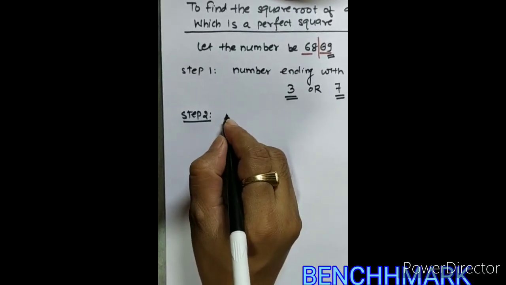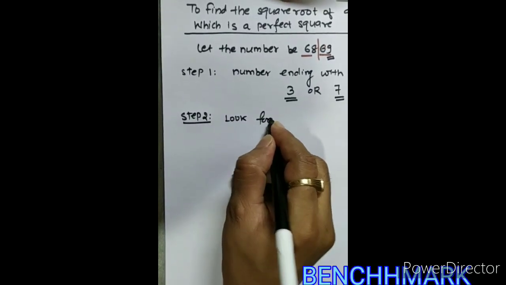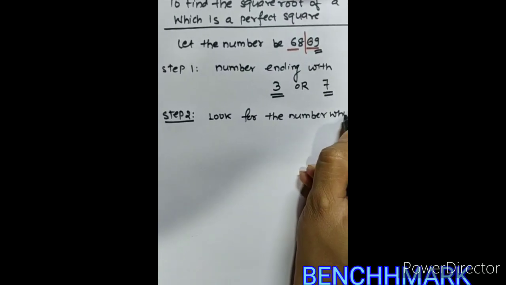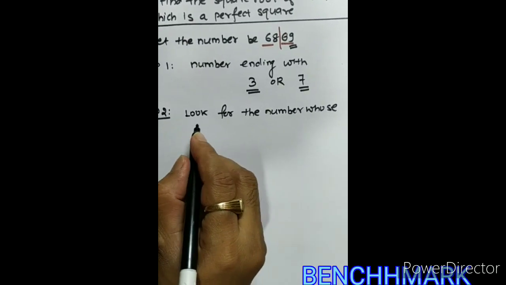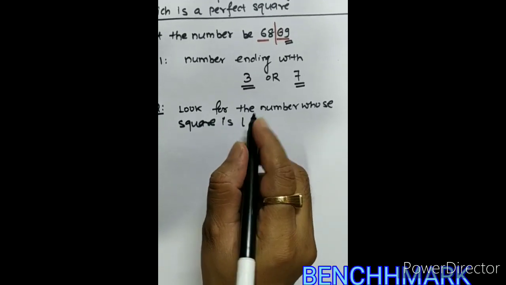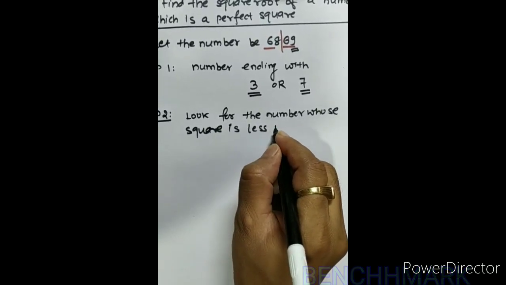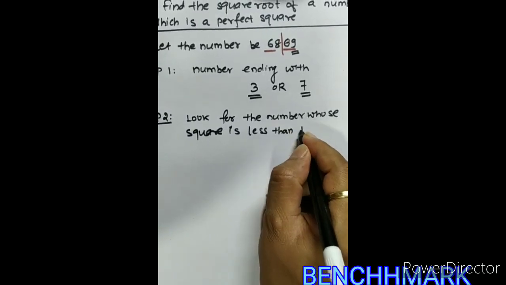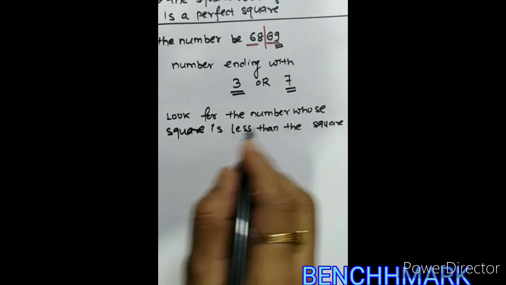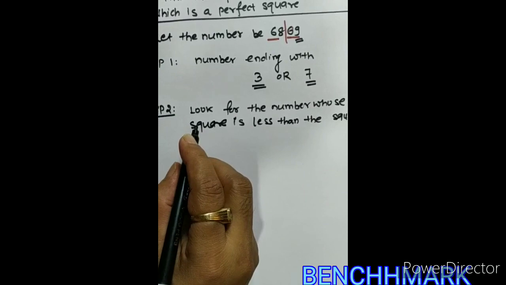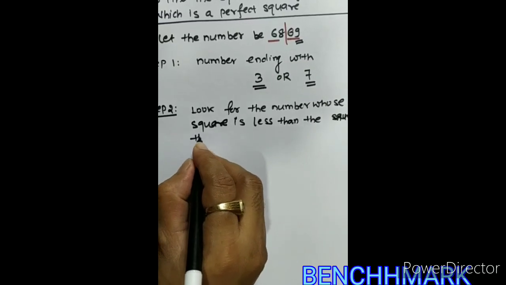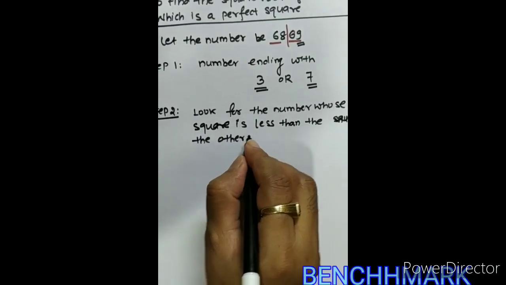I have to look for the number whose square is less than the other half.